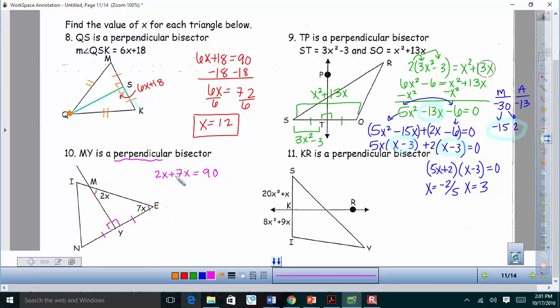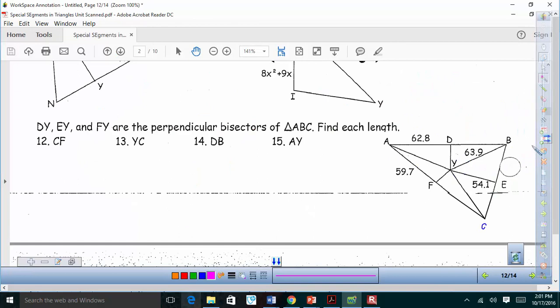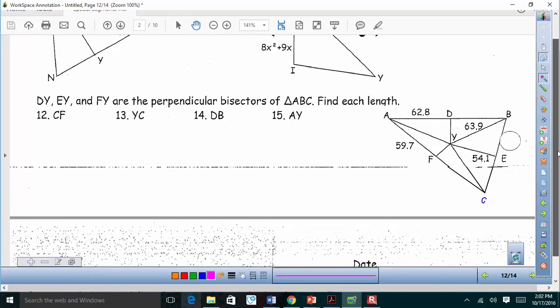So we would add 2X plus 7X, which gives me 9X equals 90. We would divide by 9, and X would equal 10.